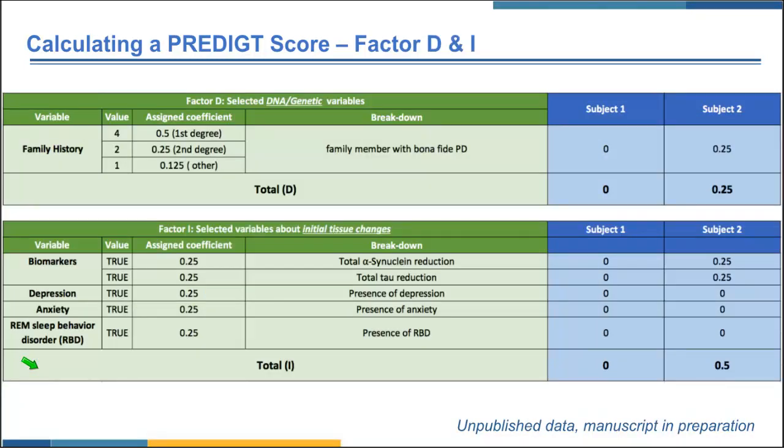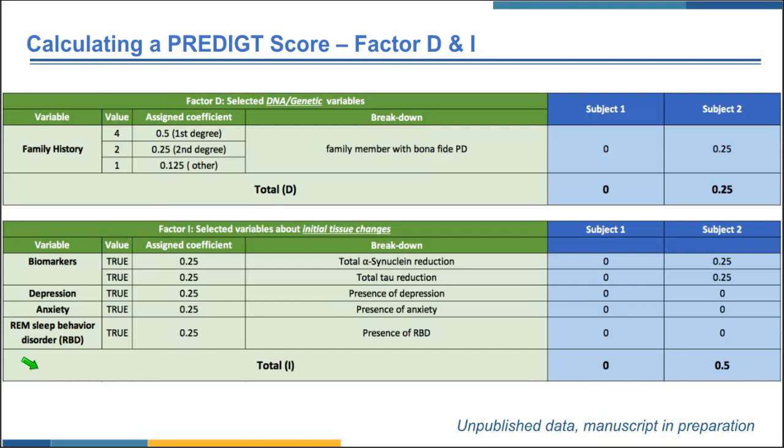The next slides are for factor D and I, still the same subject 1 and subject 2. Subject 1 doesn't have any family members with PD, and subject 2 has second-degree relatives, like grandparents or grandchildren or an aunt or uncle, who have Parkinson's disease. So here the risk score is 0.25.